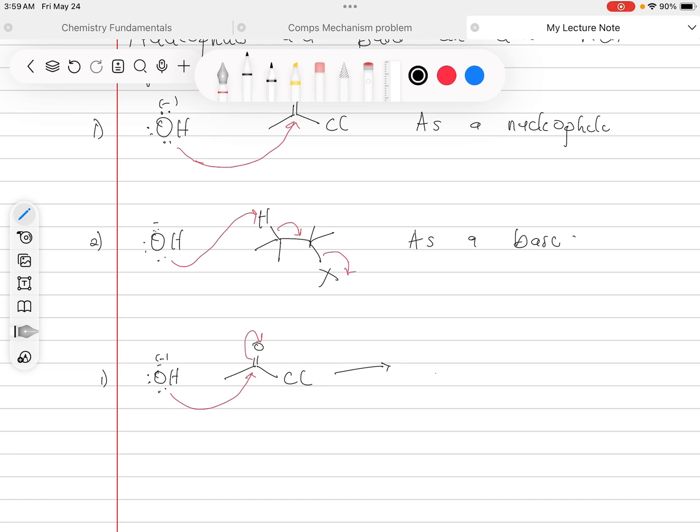We first of all break the pi bond. As this is coming down, the chlorine leaves.